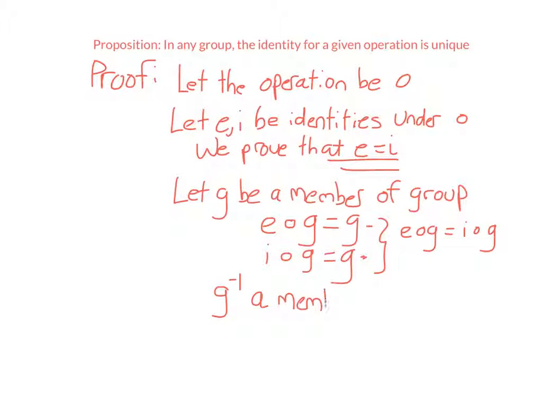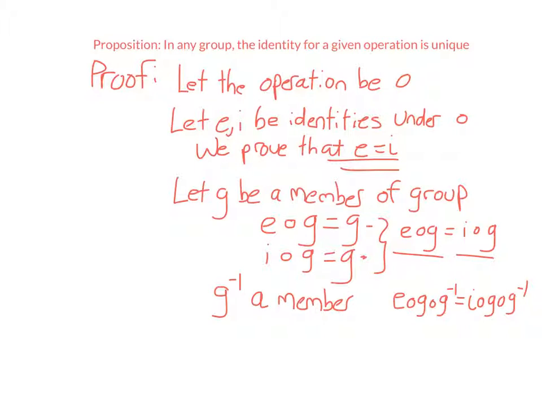So G inverse is a member of the group as well. So I can take my equation here and operate each side by G inverse. So what I have is E operated on G operated on G inverse is equal to I operated on G operated on G inverse.